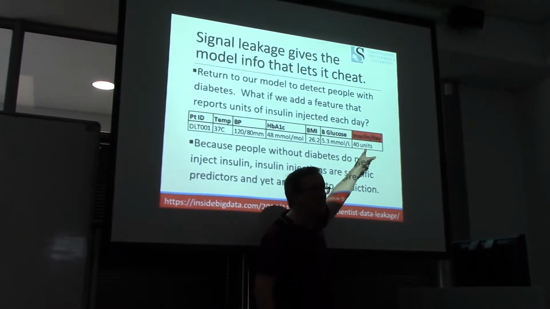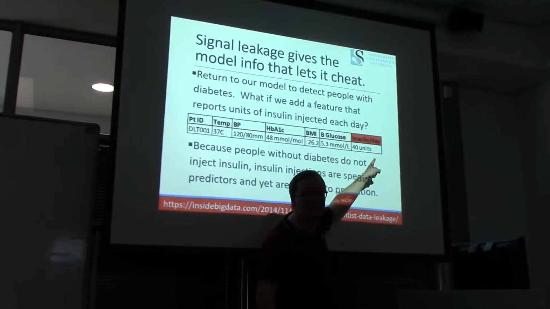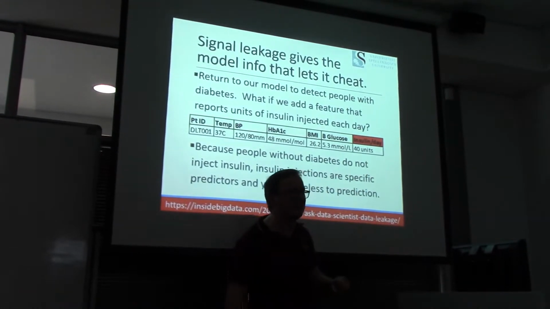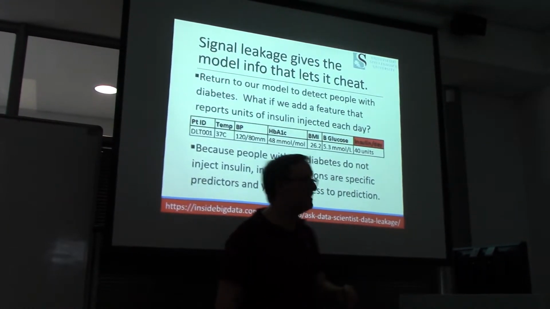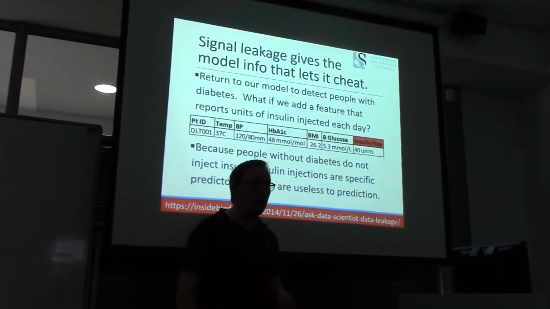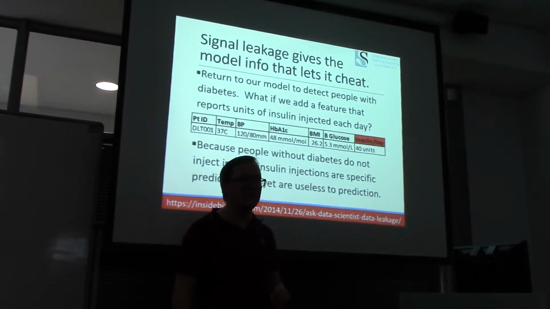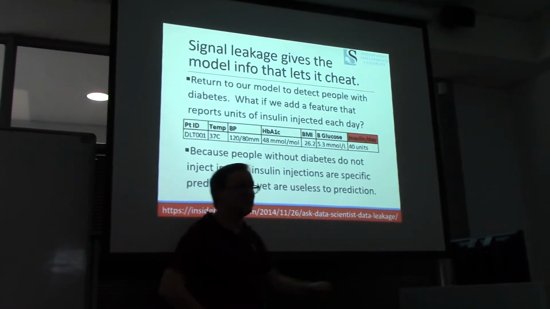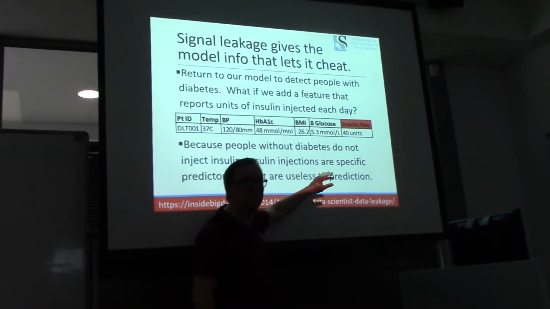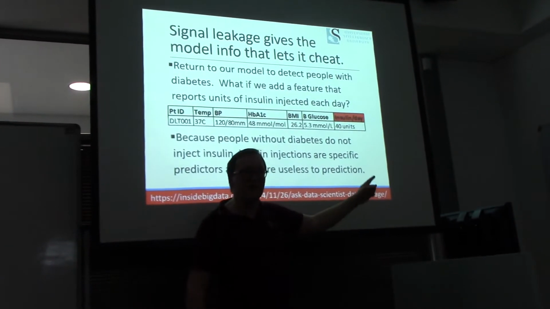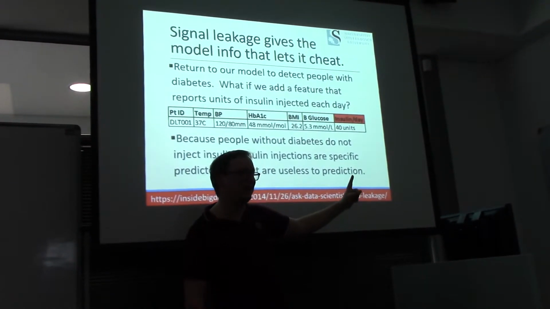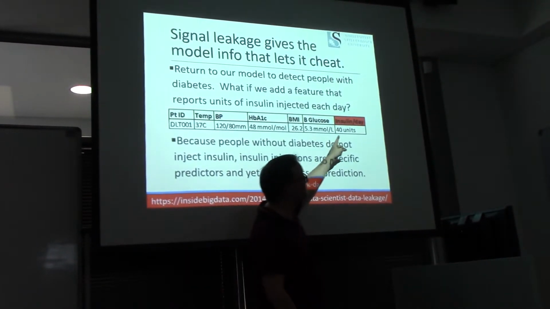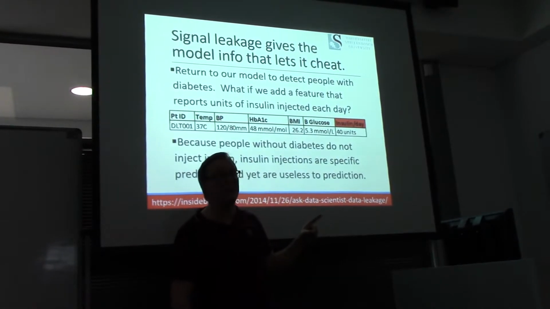This field is not called has diabetes, is it? It's called how much insulin does this person inject every day. But what do you know about somebody who injects insulin every day? They have diabetes. So it's perfectly specific. Not everybody who has diabetes injects insulin every day. But if you do inject insulin every day, you're bloody well diabetic.